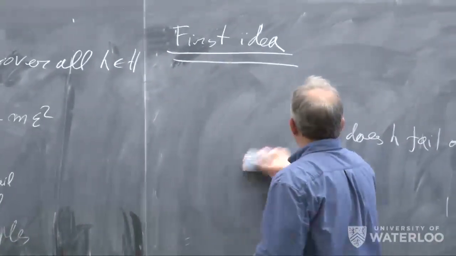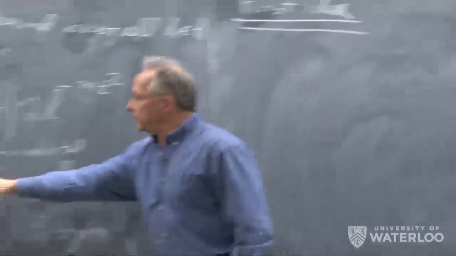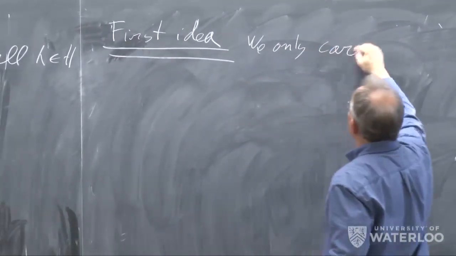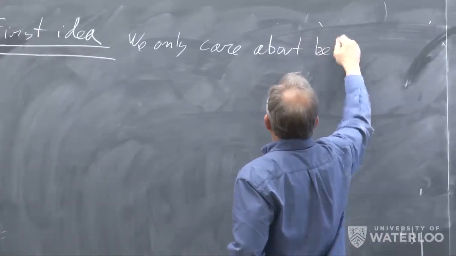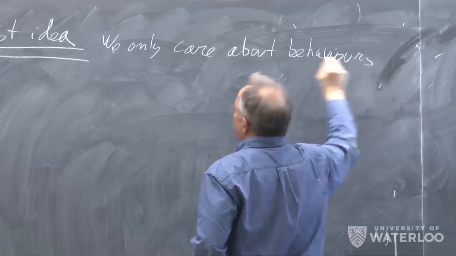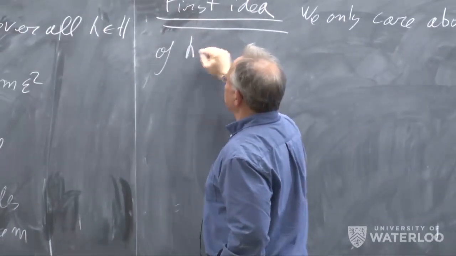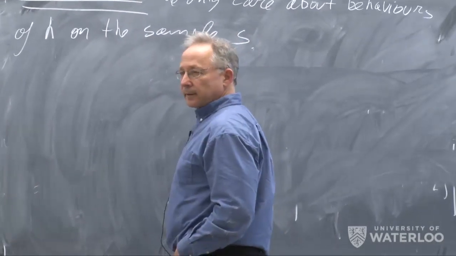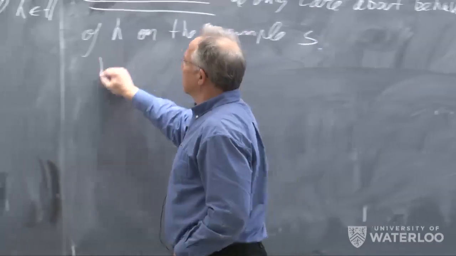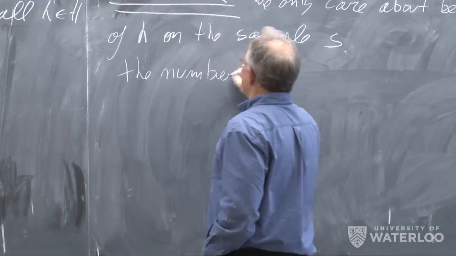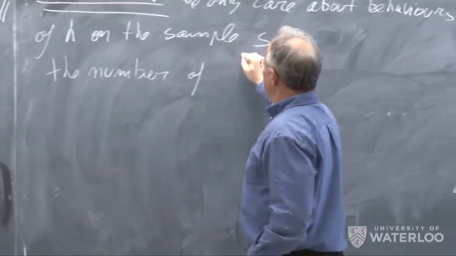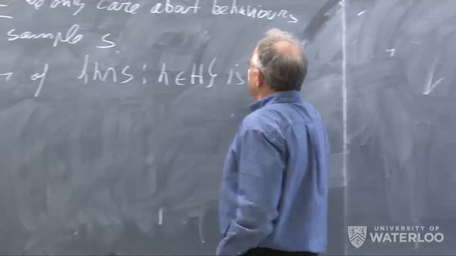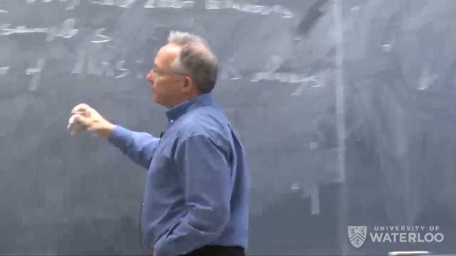So the first idea is that rather than summing over all h's in H, we only care about behaviors of H on the sample S. And this is the number of H restricted to S such that h is in H, which is always finite.